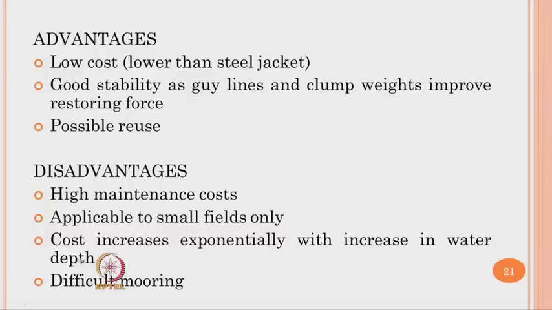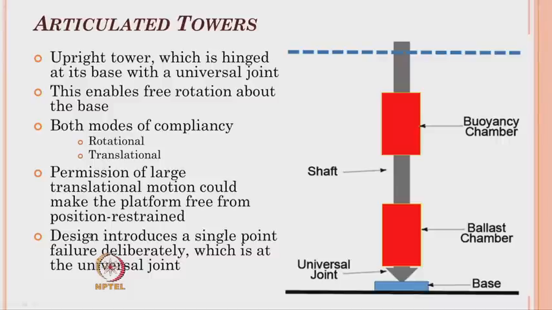The cost of this tower increases exponentially with increase in water depth because for the entire depth a steel lattice tower needs to be constructed. Essentially it is a difficult mooring system because the mooring spreads around the tower, which causes inconvenience to the vessels approaching the tower for transporting the extracted oil.